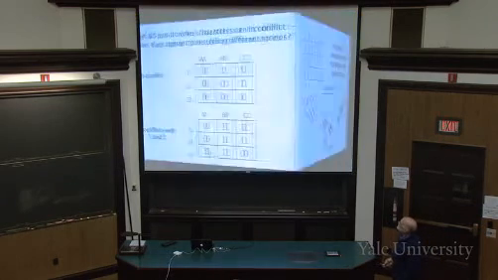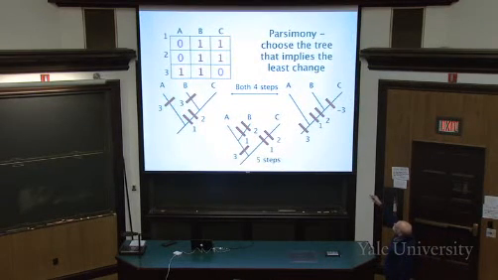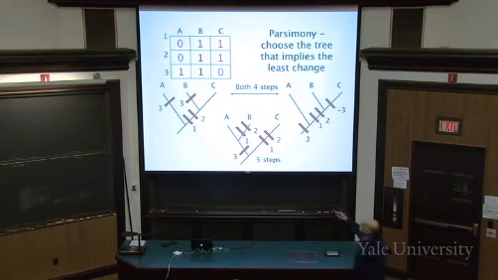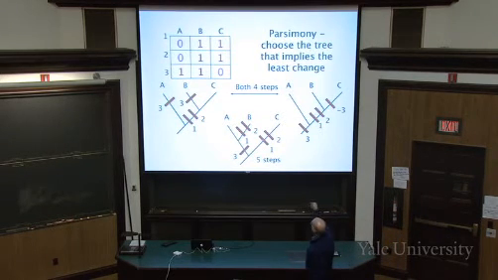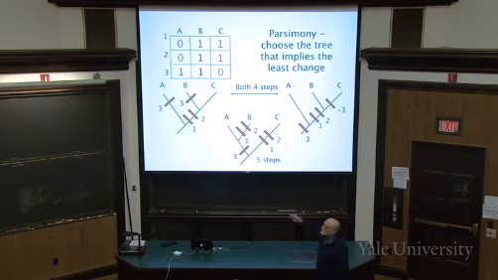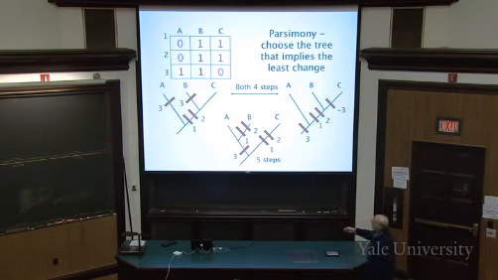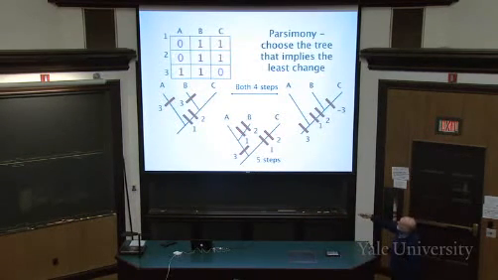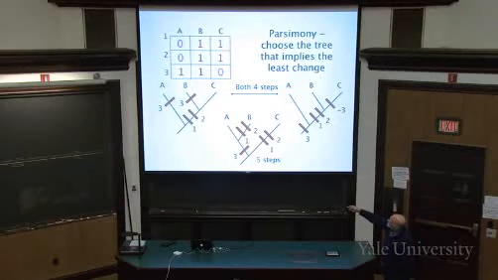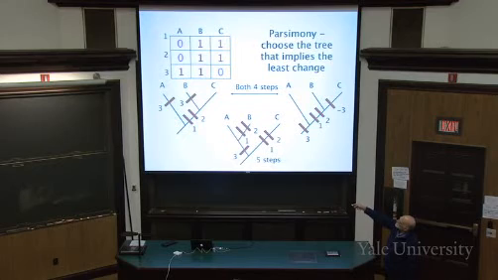What do you do? Well, you can choose the simplest tree. You can choose the one that implies the least change. So here are all trees which are consistent with this character matrix. And if you go back and try, I think you will see that you can plot all of these changes onto here.